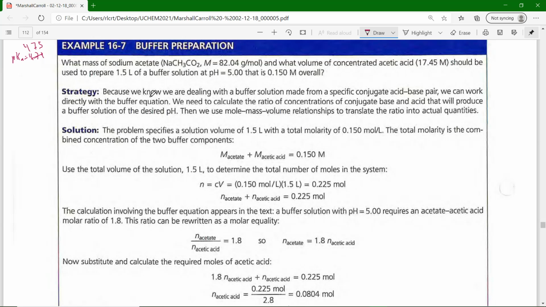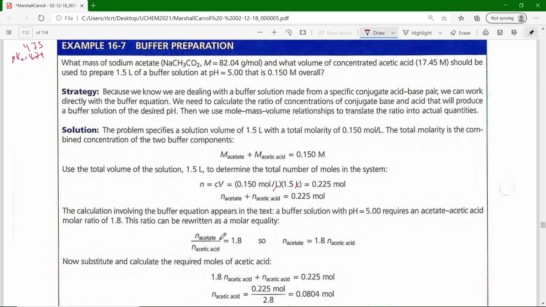The system together is 1.5 liters, and the overall concentration is 0.15 moles per liter. So 0.15 moles per liter times 1.5 liters, the liters cancel, of course, and you get 0.225 moles. So the moles of the acetate ion plus the moles of acetic acid together have to give us 0.225. Okay, so I'm just setting things up here.